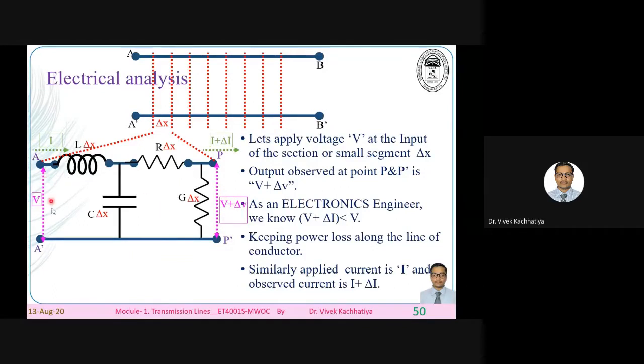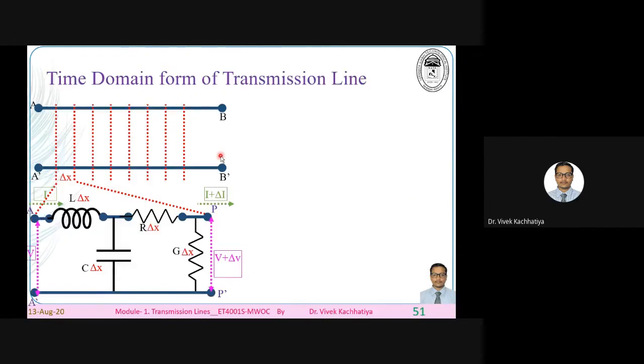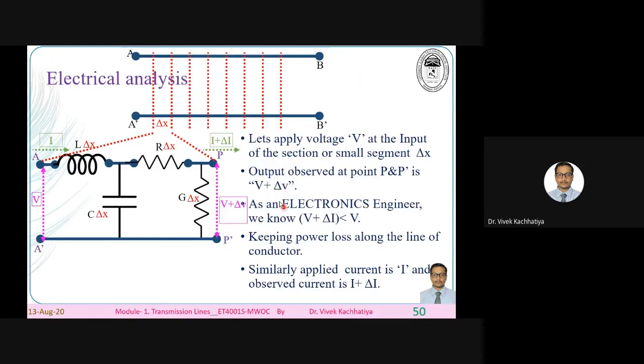When I apply some voltage, there will be some current flowing inside the circuit, and some current which will come out of the circuit, and we have named these I and I plus delta I. Everyone should understand that delta V and delta I are negative, not positive.